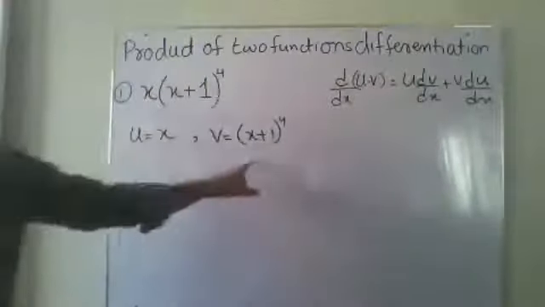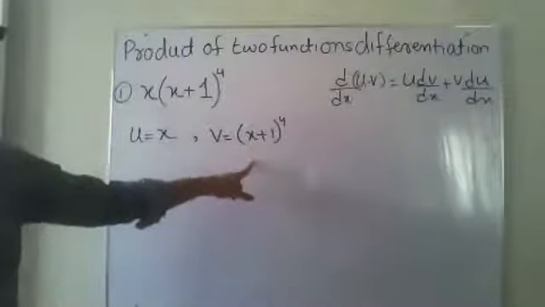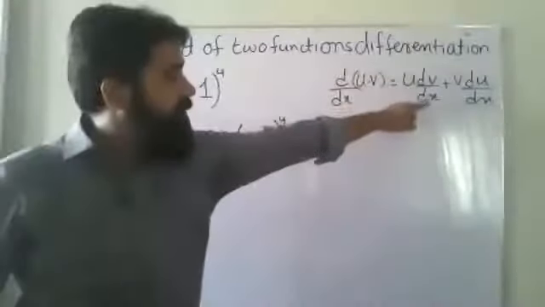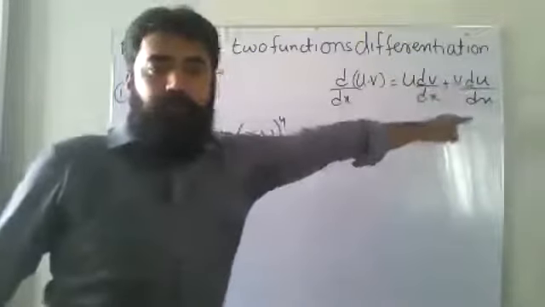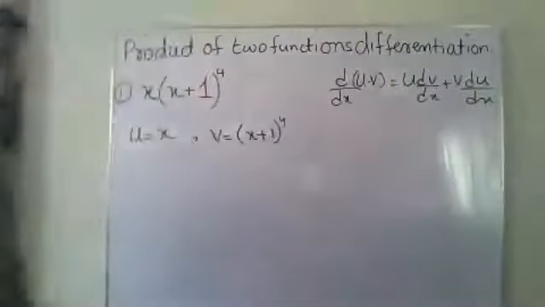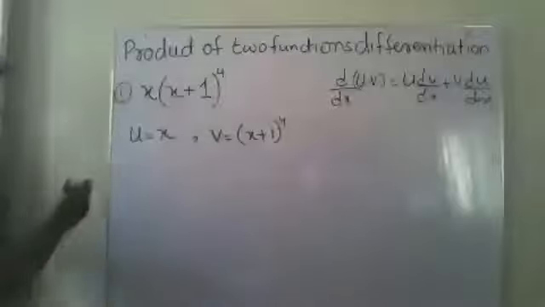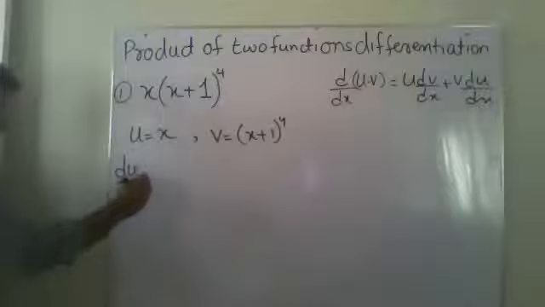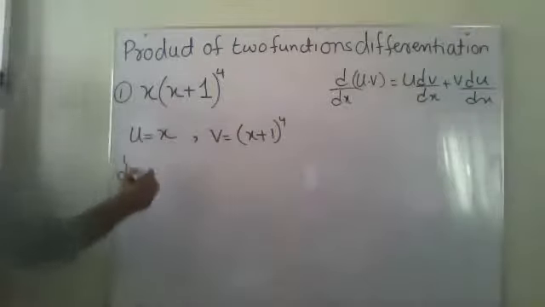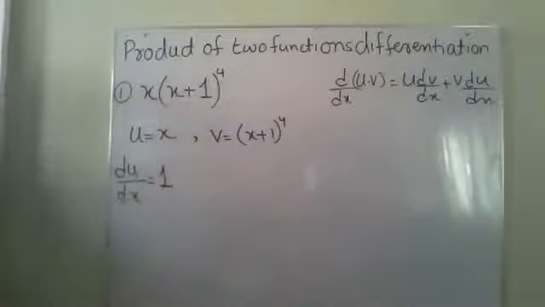I have got u, I have got v. After that, differentiation of v with respect to x, differentiation of u with respect to x. So first of all, I am differentiating my u with respect to x, and when I differentiate x, the answer will be 1.